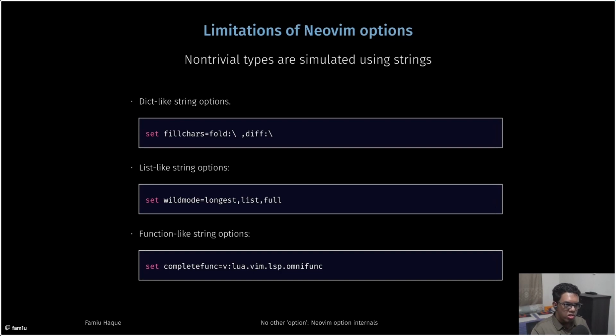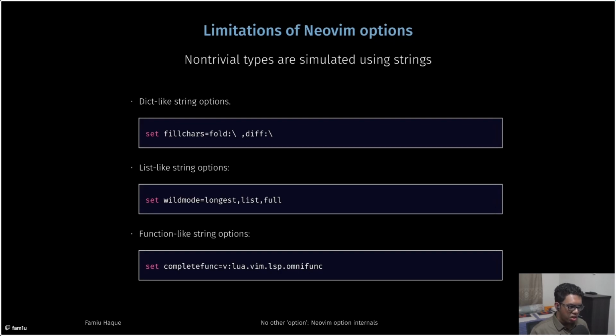Firstly, let's talk about simulating non-trivial option types like dictionaries, lists, functions as strings. You can see 3 examples. This is a dict-like string option, fillchars, fold, diff. As you can see, there's a key here, and this is the value. Once again, key value.